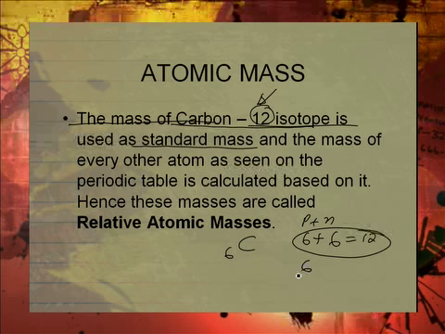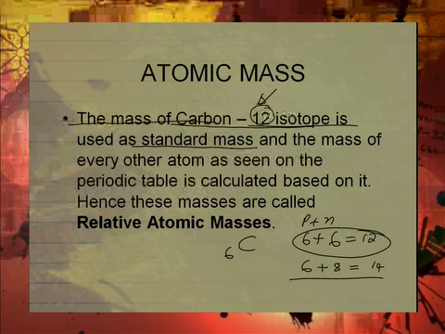But you can have an isotope with 6 protons, maybe 7 or 8 neutrons, where you would have 14 as the atomic mass. So they use this one as a standard, and everything else is measured against it, and therefore that becomes what we call a reference point.